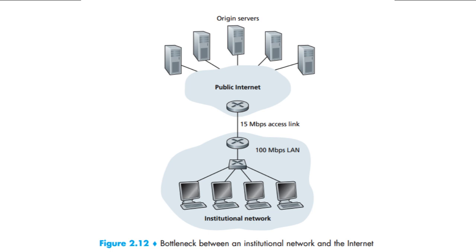On the internet, there are servers located all over the world that store information that we access using our browsers. The institutional network generates an average of 15 requests per second to these servers. These requests are like little messages asking for information, and they are so small that they don't really affect the networks or the link between them.